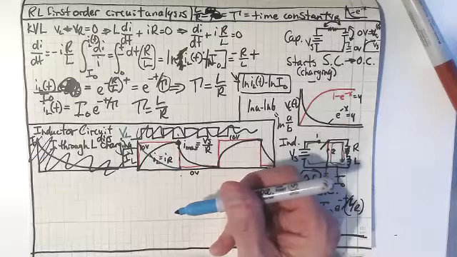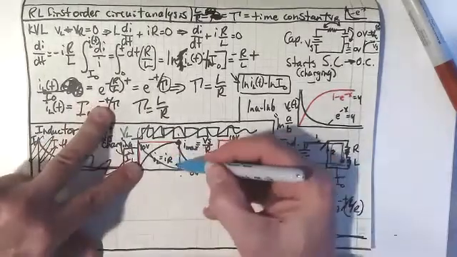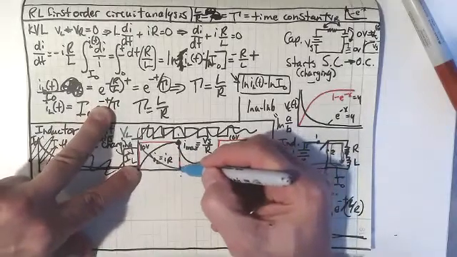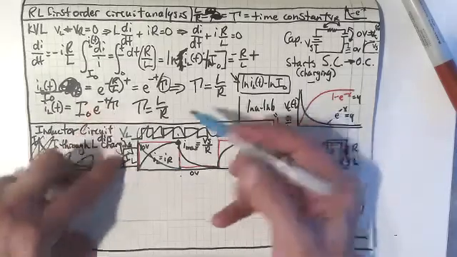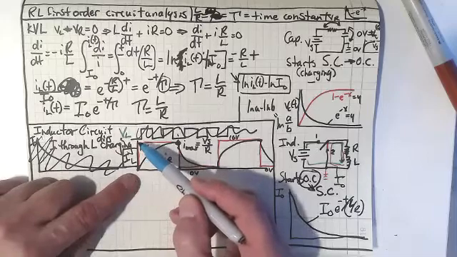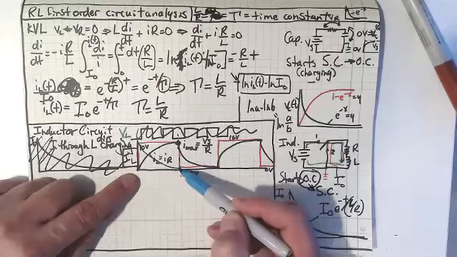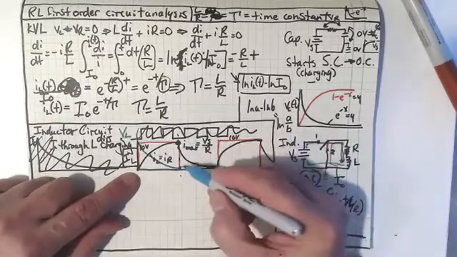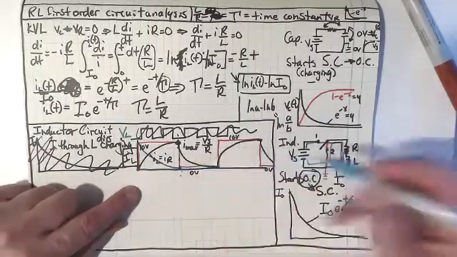Is that correct? Let me just check. Yeah, because it starts off as V and it's charging, and then it gets down to an open, and then when it starts to go down, I'm at 0 volts because that's a short circuit.